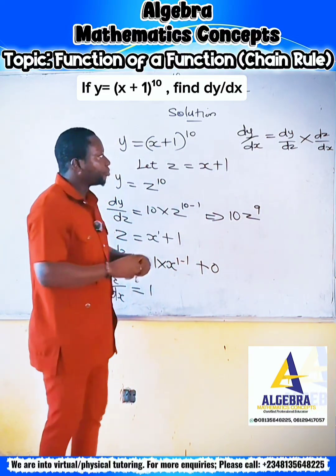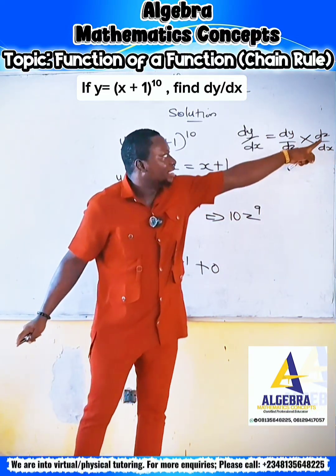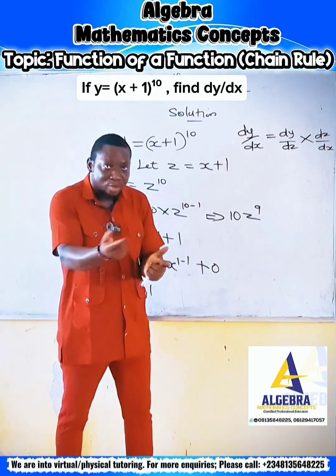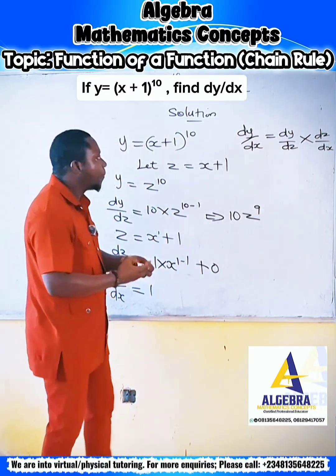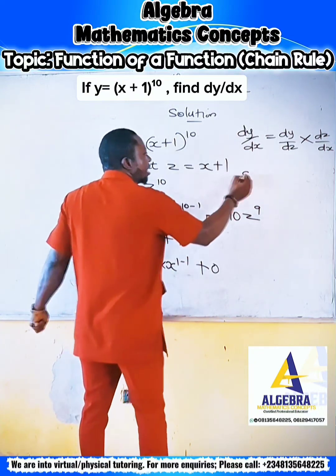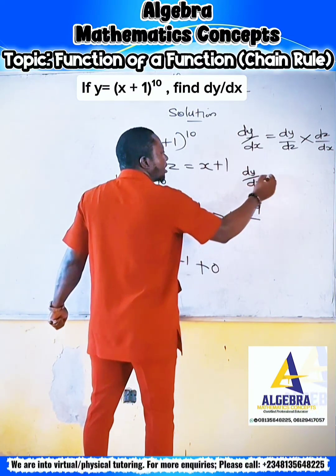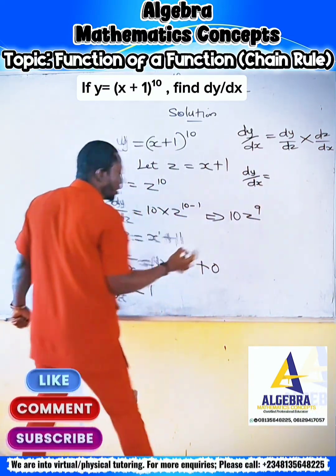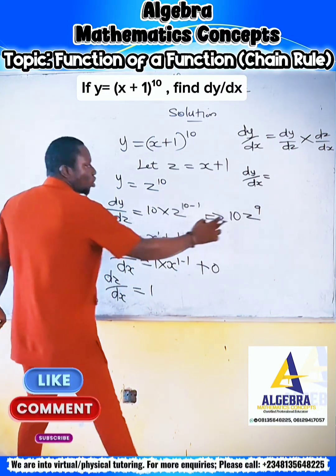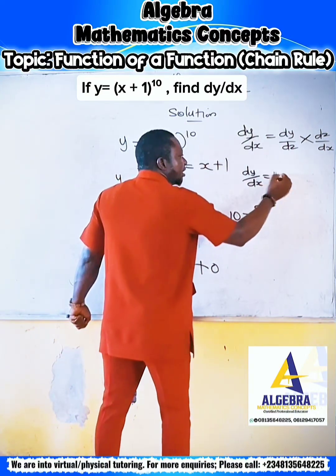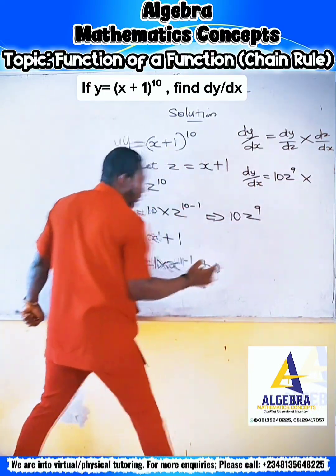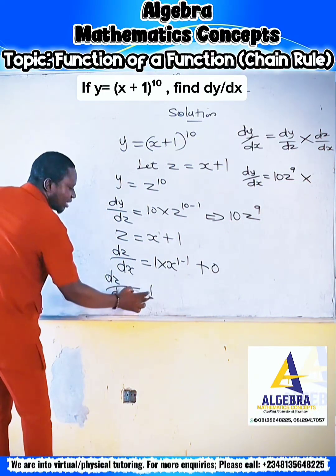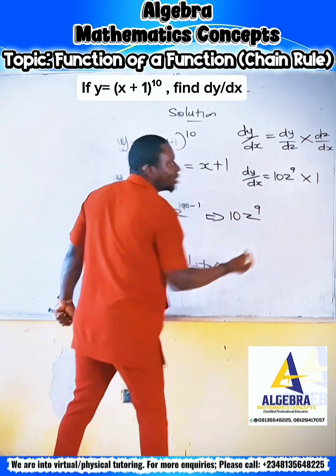Look at it. This dz and dz can cancel, so I will be left with dy ds. So let me substitute now. I'm going to have dy over ds equals dy dz. Dy dz was 10z to the power of 9, times dz ds. Dz ds is 1, so I have 1.